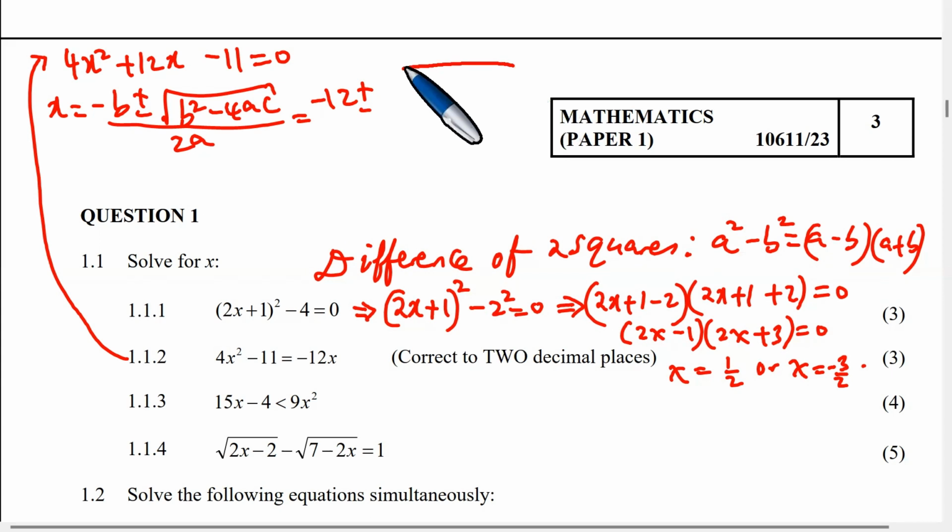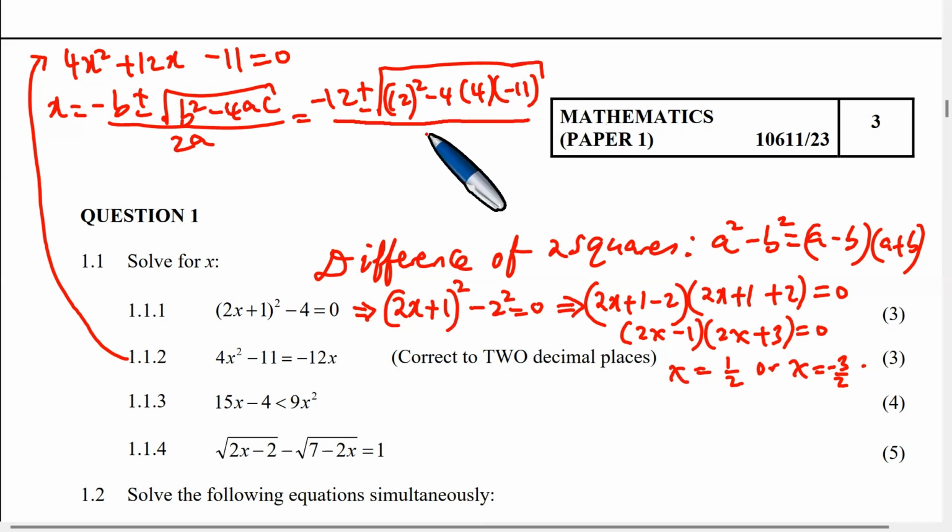Right, and then you have b squared, which is 12 squared minus 4ac all over 2a, which is 4. So we get exactly that.